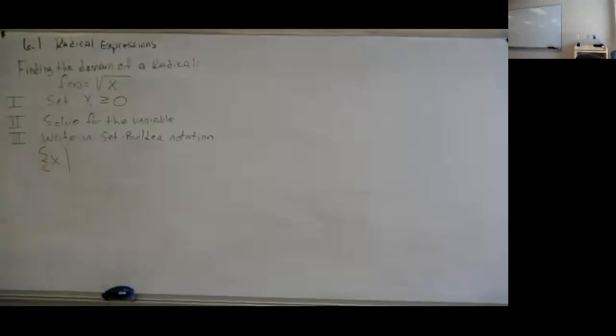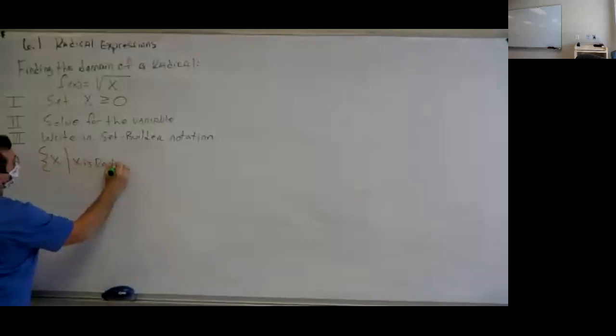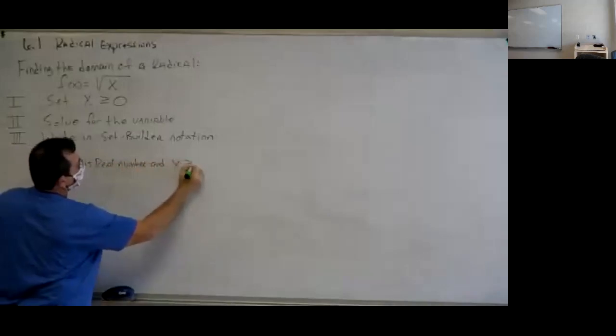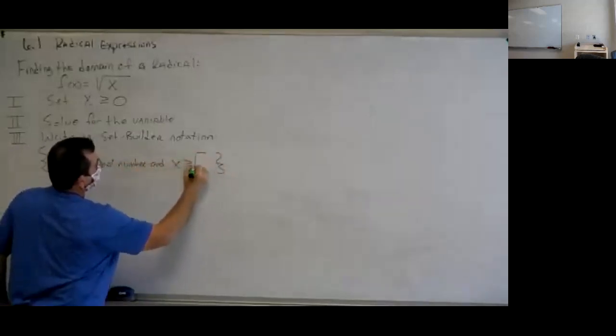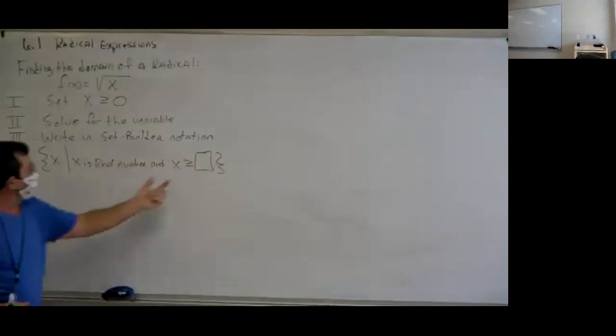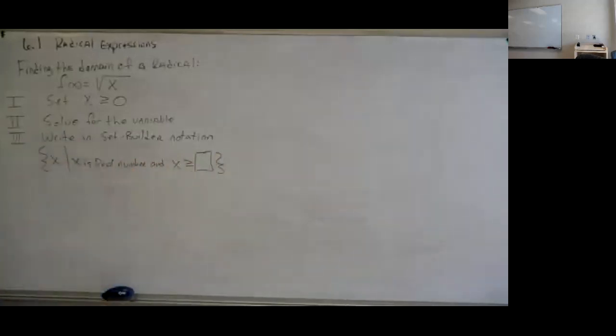That vertical line means such that x is a real number, and x is greater than or equal to whatever number we get, okay? Now, depending on when you're solving this, if you divide by negatives, remember, you got to reverse the direction of inequality. So you could have a less than or equal sitting there, okay? Depending on if I had to flip it or not. And that's really it on finding the domain on these, okay?